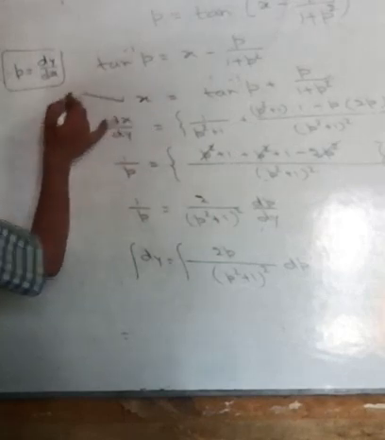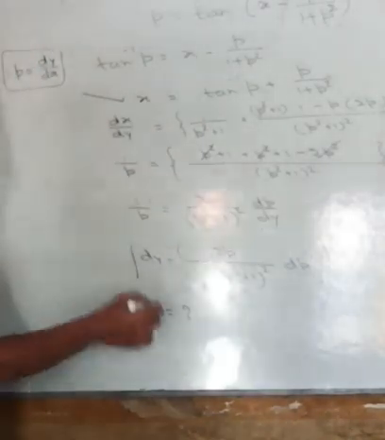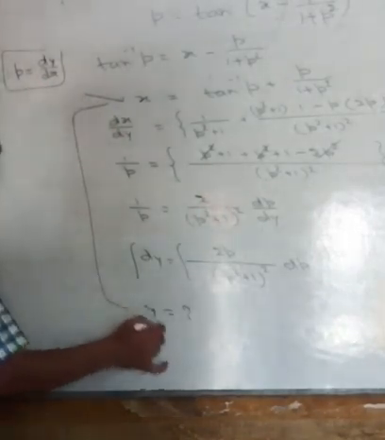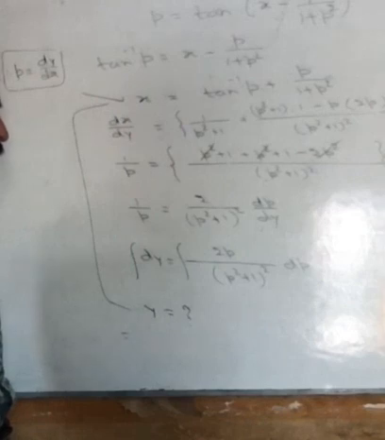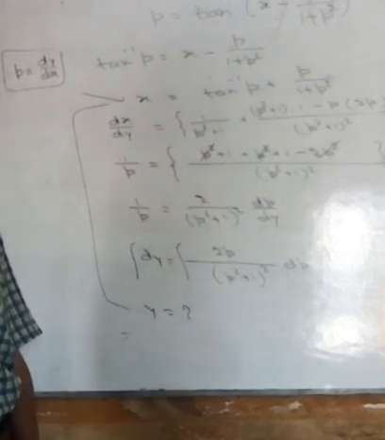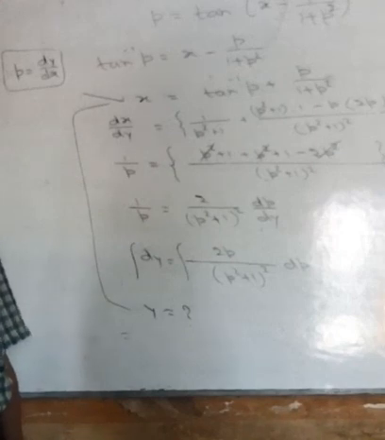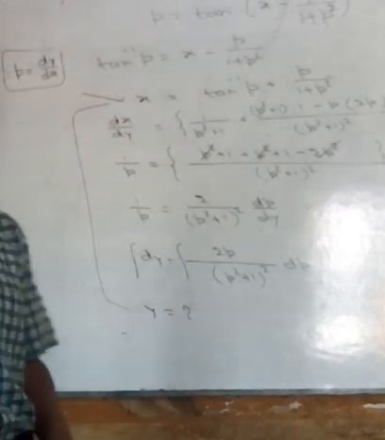So this equation, value of x here, and whatever the value of y you will obtain from here, these two together will give you the solution of the given differential equation. So this is the solution when the differential equation f(x, y, p) is equal to 0 is solvable for x.